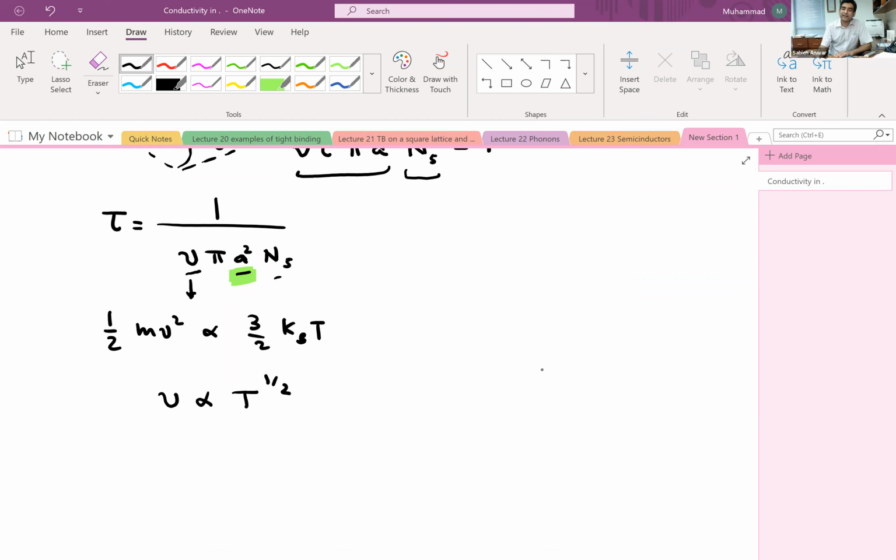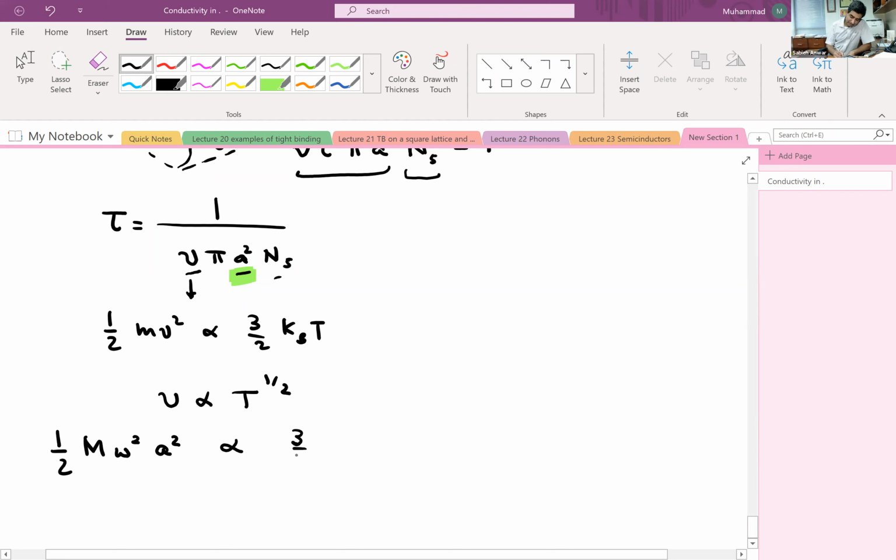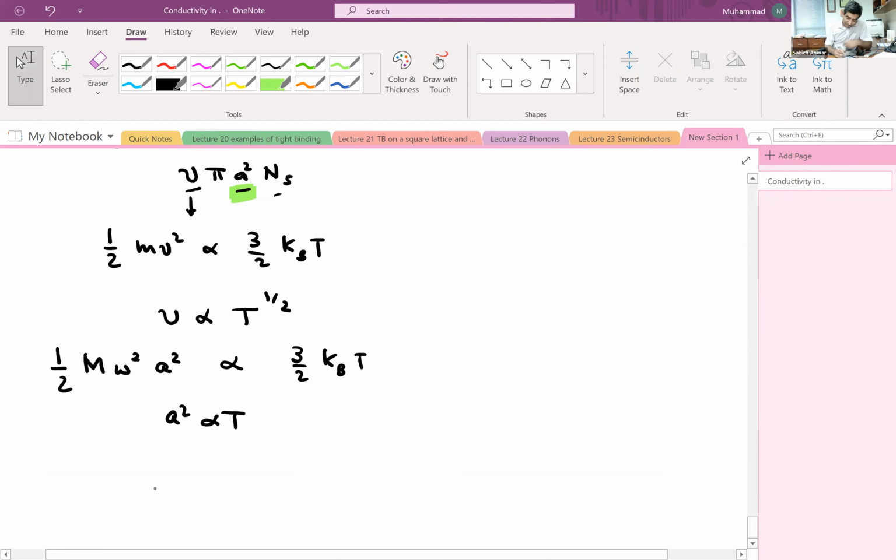What is the energy of a harmonic oscillator? It's proportional to half m omega square a square. The energy is proportional to the square of the amplitude of an oscillator. But the energy is also proportional to 3 by 2 kbt. So a square is proportional to T. Which means that tau is proportional to T raised to minus 3 by 2.